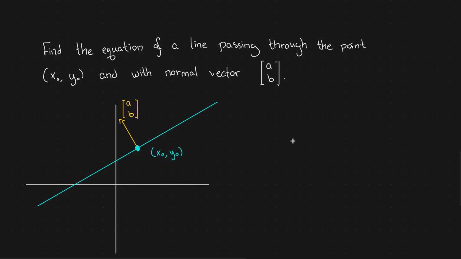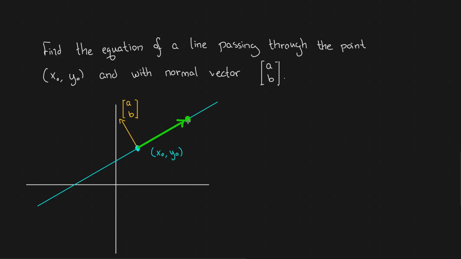Okay, so how do we find the equation for that line? Well, just as before, every vector parallel to the line would be orthogonal to vector A, B.